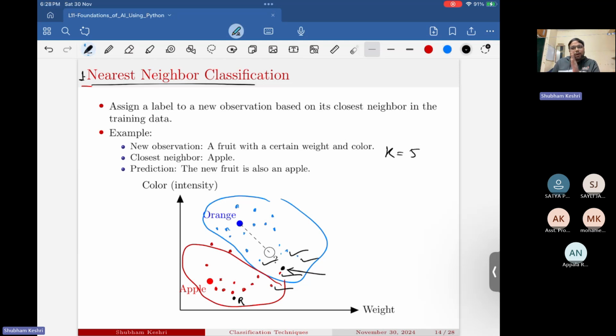Now you have to count how many of them are blue and how many are red. Over here 3 are blue and 2 are red. Therefore you will label this as a blue point and not a red point, right? So this is how the k nearest neighbor algorithm works.